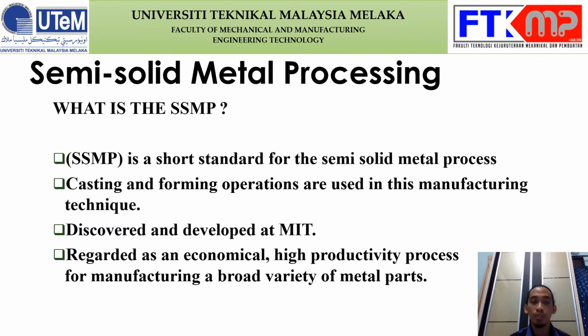As we know, this SSMP is a new technology for metal forming, different from the conventional metal forming technology, which uses solid metal or liquid as a starting point. So year by year, this semi-solid metal processing technology improves mechanical properties and complex shape.